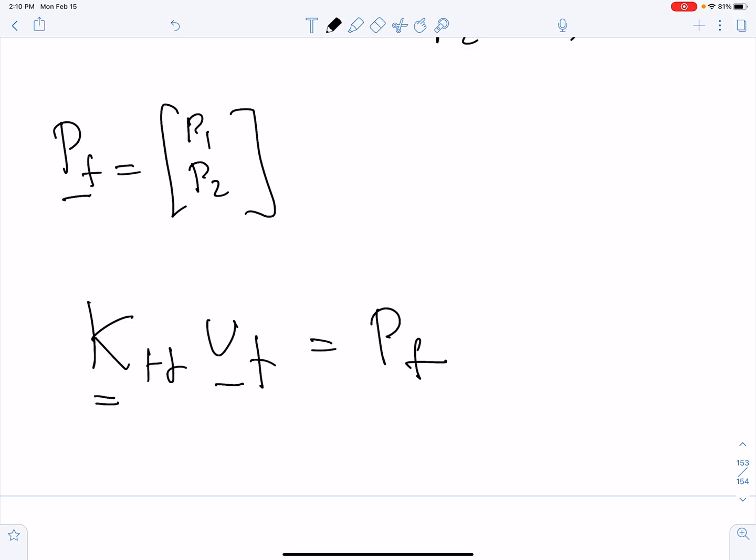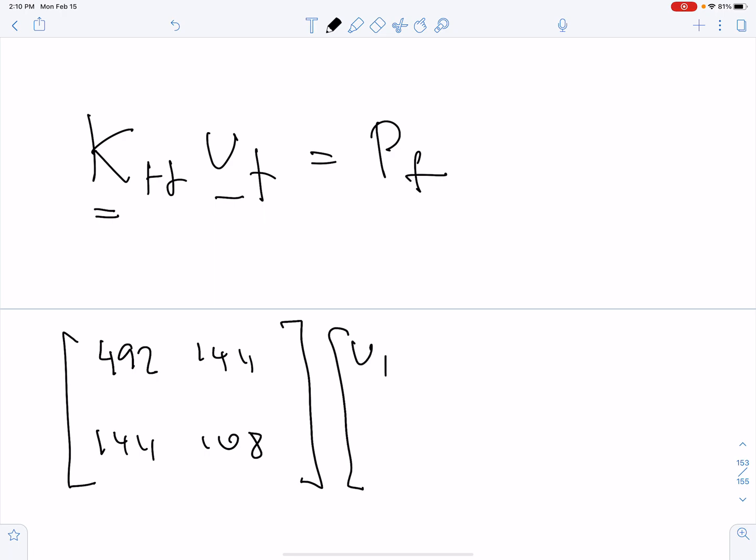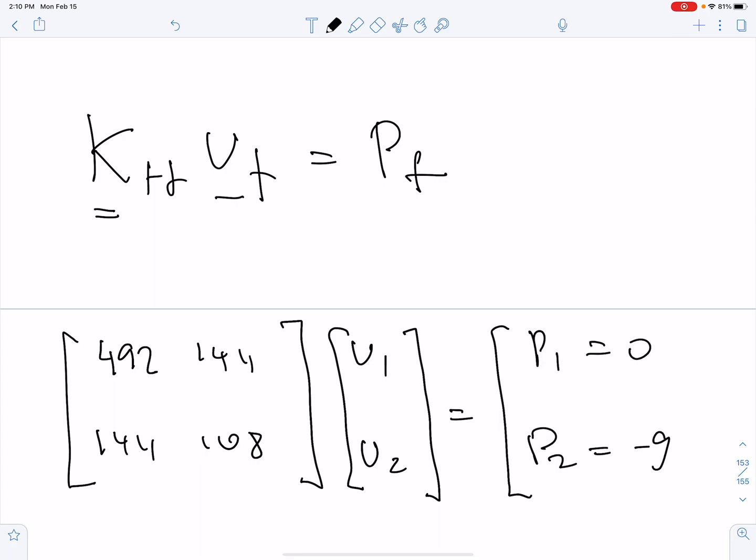KFF, which I just derived, is 492, 144, 144, 108, times U1, U2, equals P1, which is 0, and P2, which is minus 9.